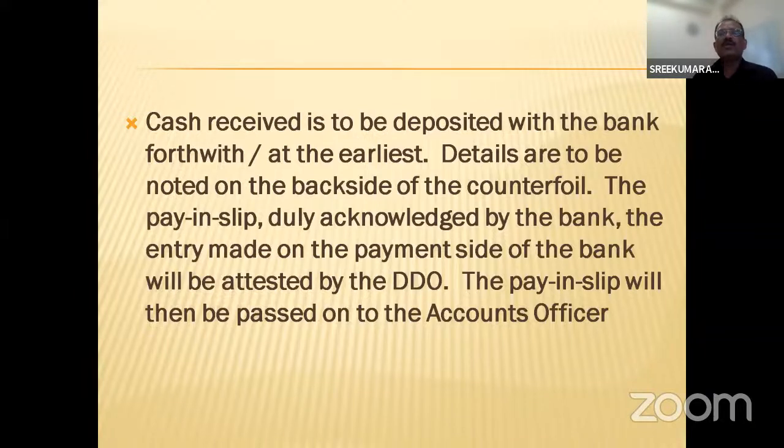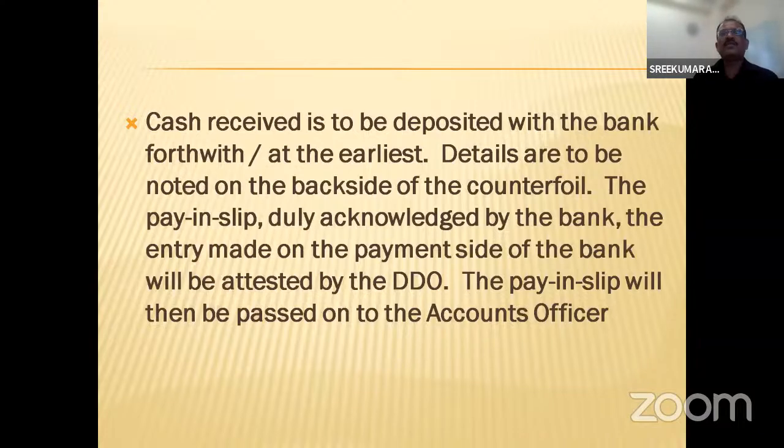And when it is given to the bank, there will be a counterfoil, and this counterfoil will be sealed by the bank, and along with this seal, this counterfoil has to be given to the accounts officer. It is actually called the pay-in slip.